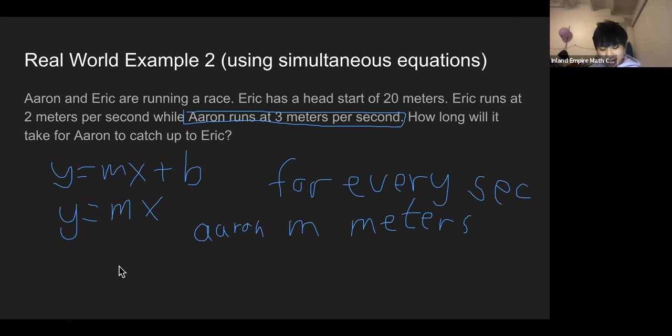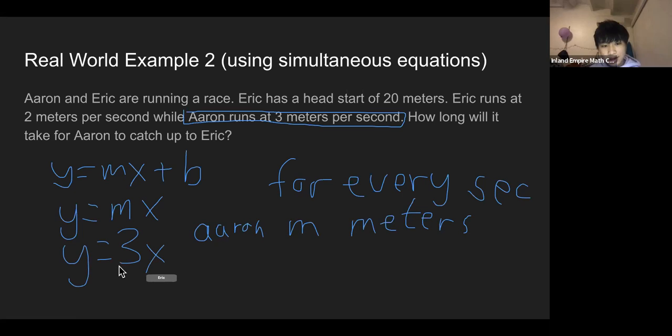Aaron runs at 3 meters per second. That means every second that passes, he will run 3 meters. Since y equals mx, that means y equals 3x.